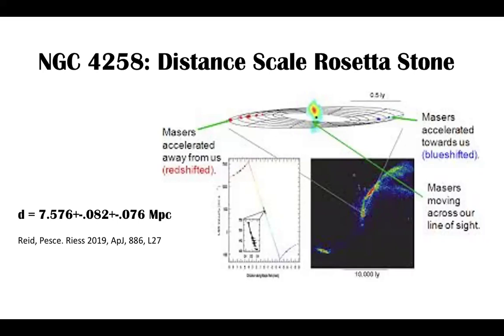But here's a case of this galaxy that's almost edge on, and it's got all these masers that are in the nuclear region that are being useful to give a geometric distance to this galaxy. And you see, well, with many decimal places, the value that people are coming up with for this geometric distance to this NGC 4258.